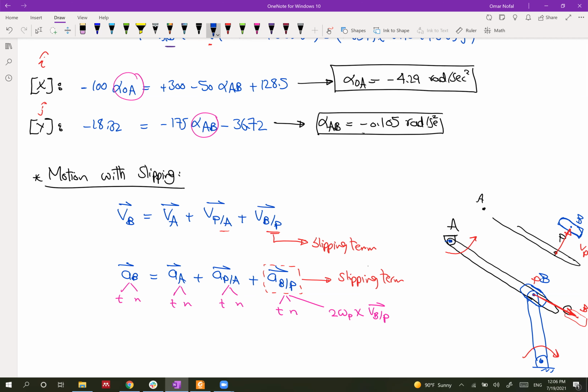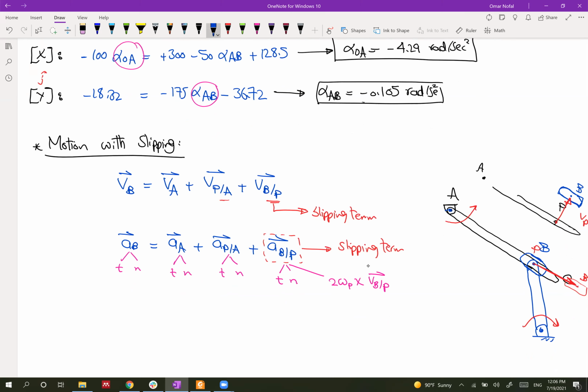And if we want to expand this equation, it will be something like AB in the tangent plus AB in the normal will be equal to AA tangent plus AA normal, plus here we will have AB with respect to A tangent plus AB with respect to A normal, another 3 terms.